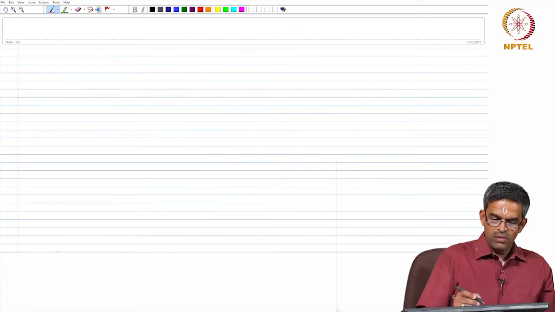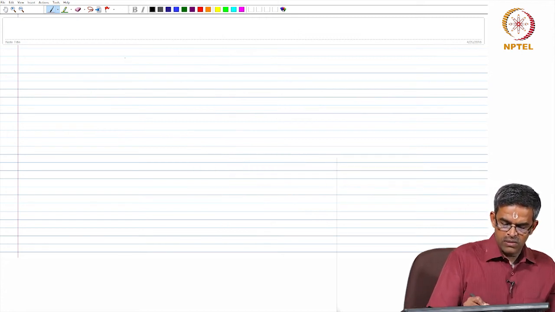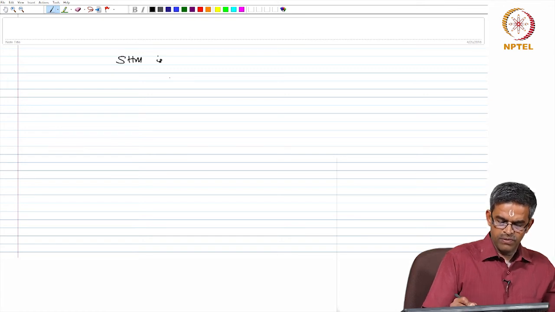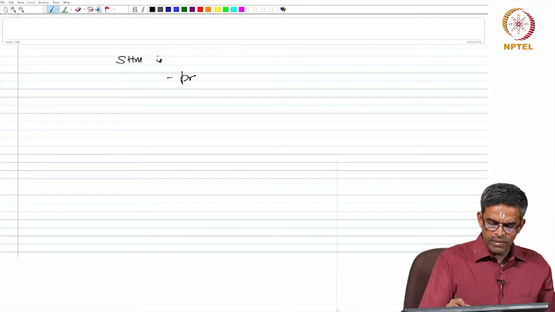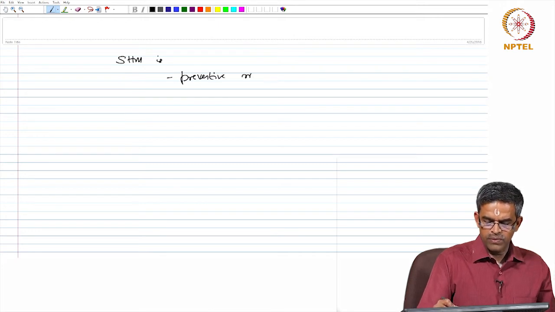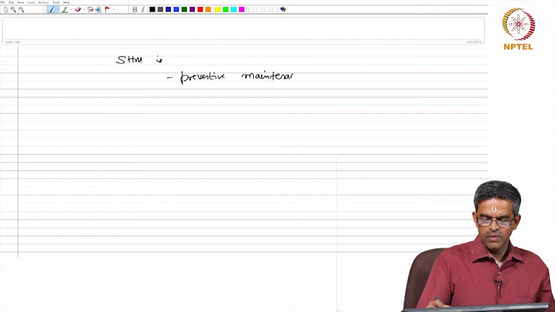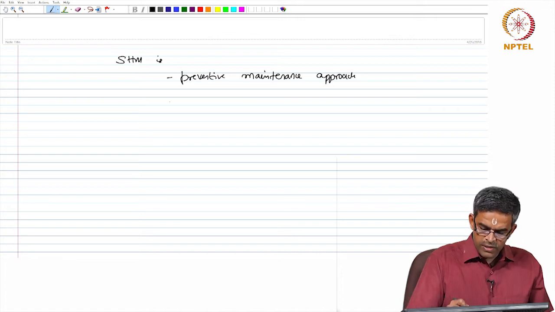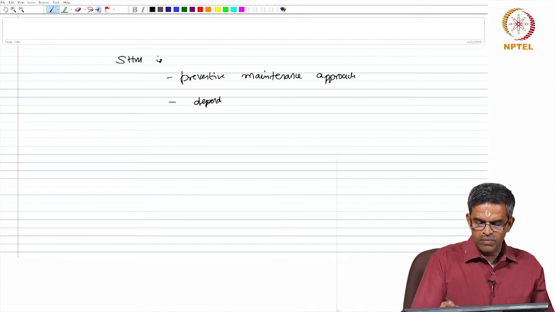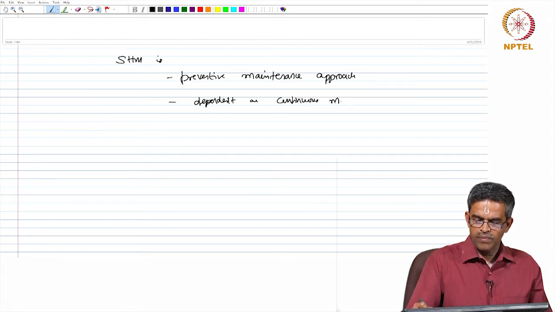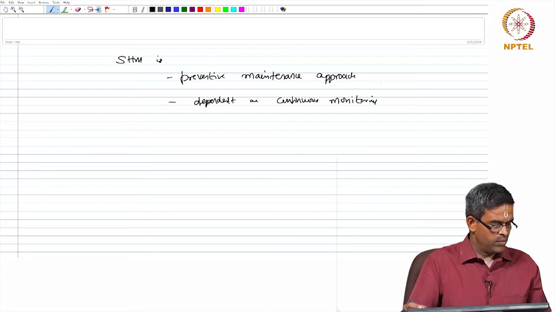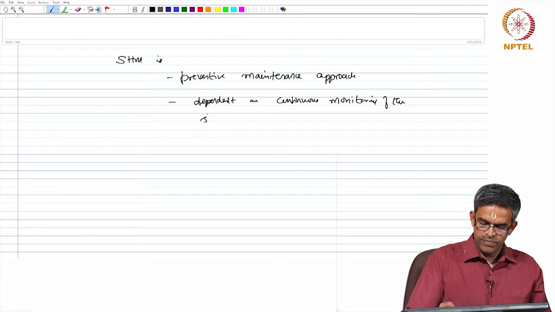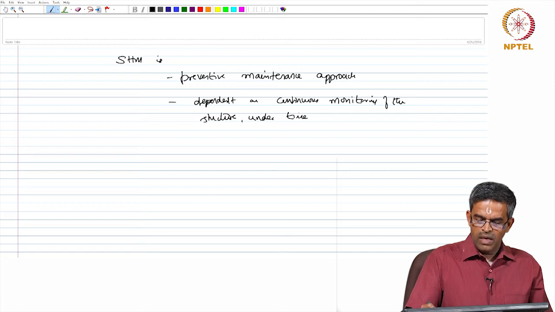Therefore, the primary requirement of such structures in terms of health monitoring is we should look for a preventive maintenance approach, which is essentially dependent on continuous monitoring of the structure under time varying loads.